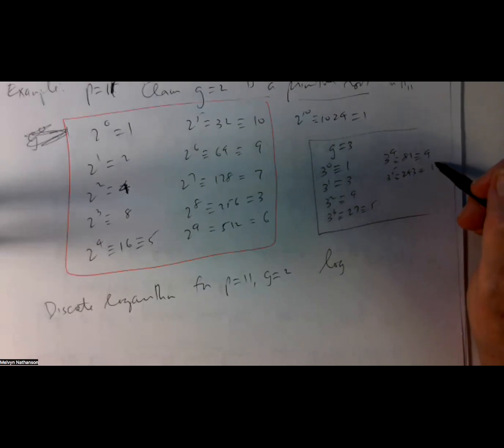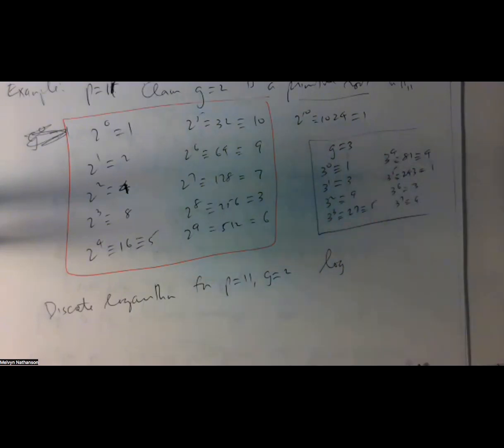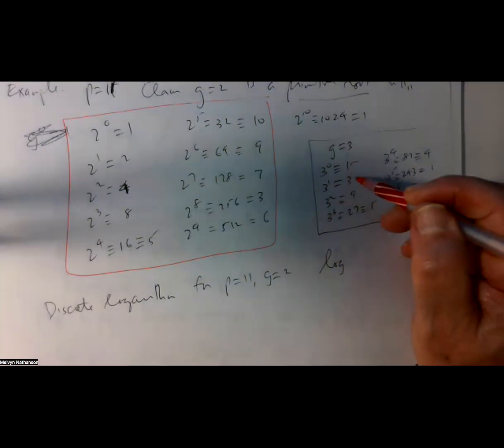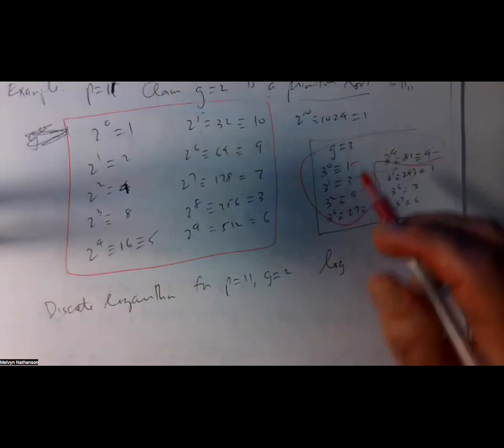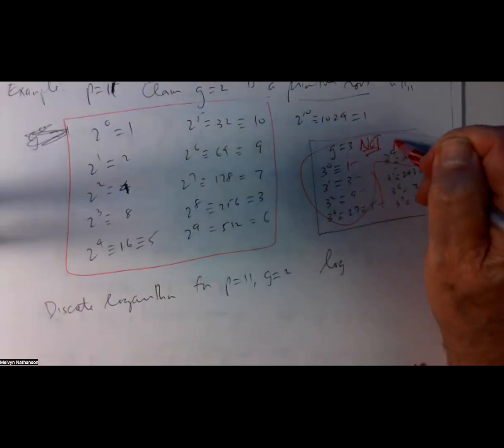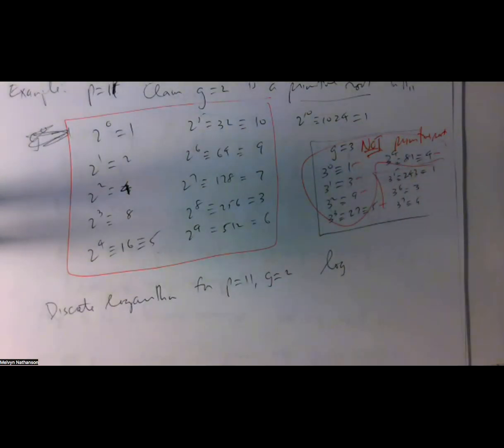It's 1 again. 3 to the sixth power will be 3. 3 to the seventh power will be 9. So if you take the powers of 3, you get 1, 3, 9, 5, and 4, and that's it. So G equal 3 is not a primitive root, because you cannot get every number as a power of 3, mod 11. But you can get every number as a power of 2 mod 11. So 2 is a primitive root.